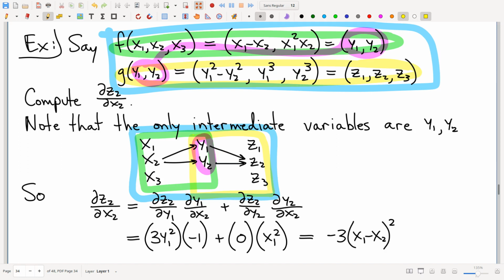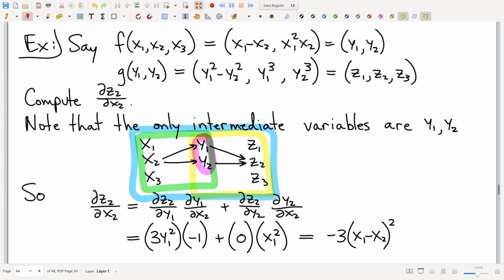Everybody good so far? It's just drawing a diagram, I like to call it a road map, representing the connections between the various variables implied by these formulas of f and g: what they take as inputs and give as outputs, etc.